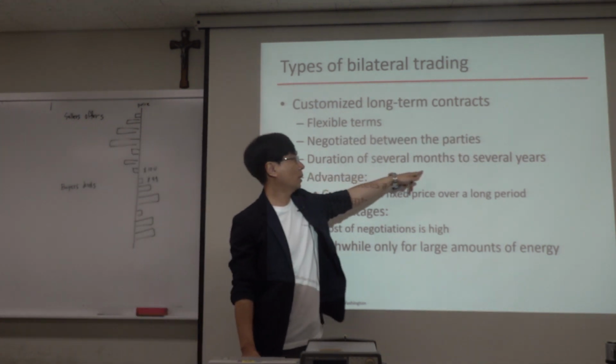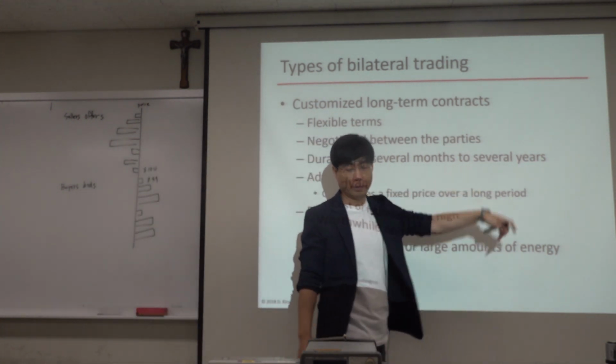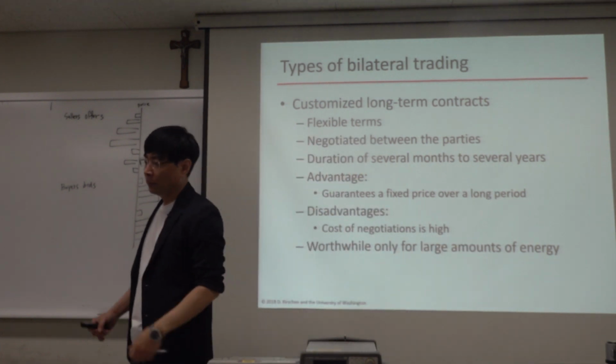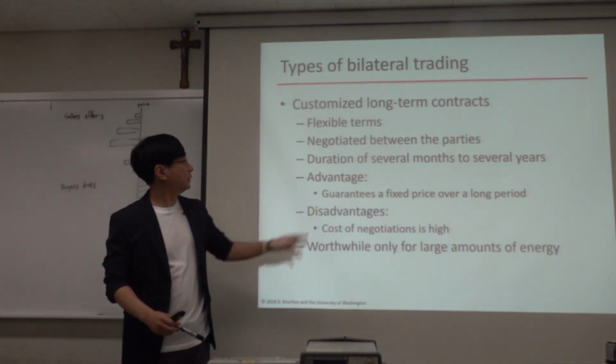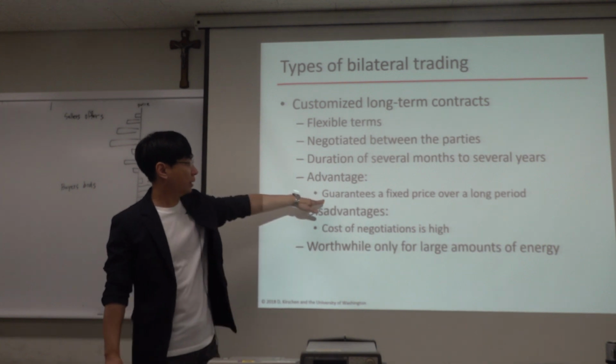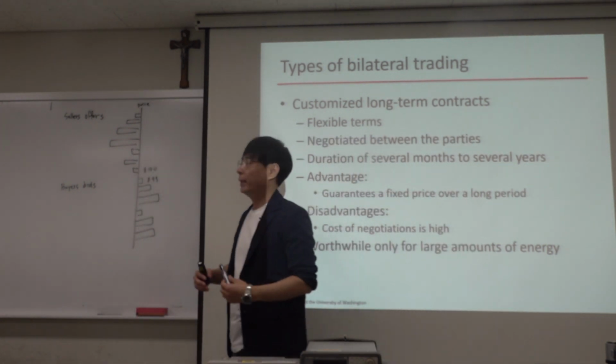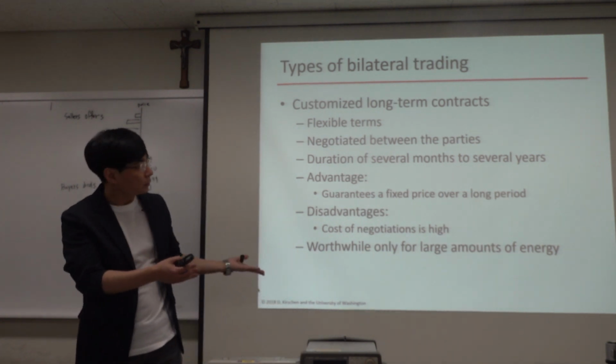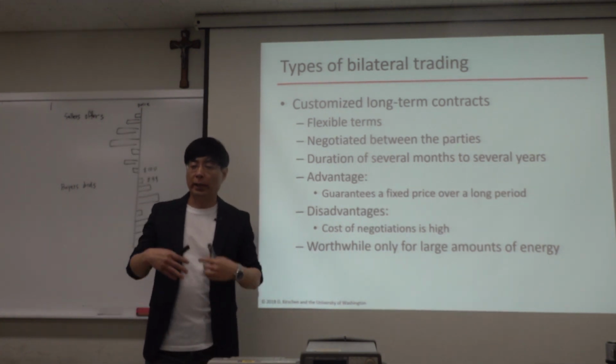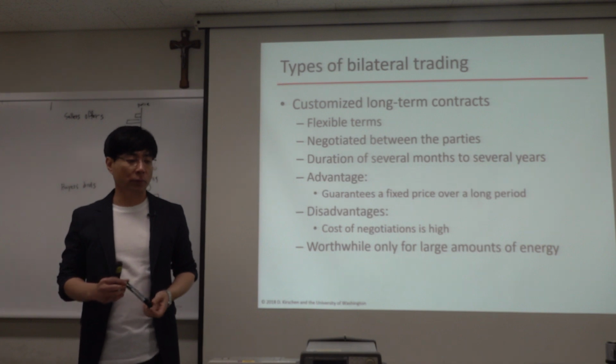Duration of several months to several years. It depends. It's quite flexible, and the advantage of this is that it guarantees a fixed price over a long period. Then, using this price, you can plan your business.